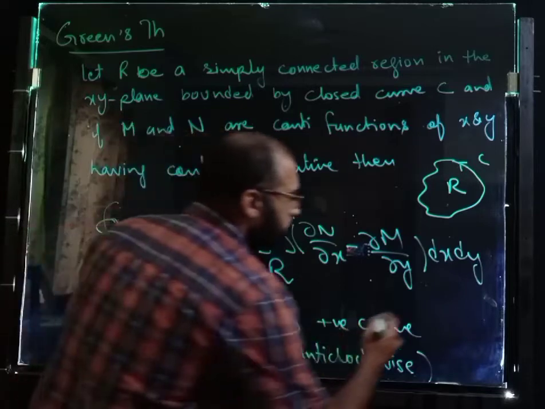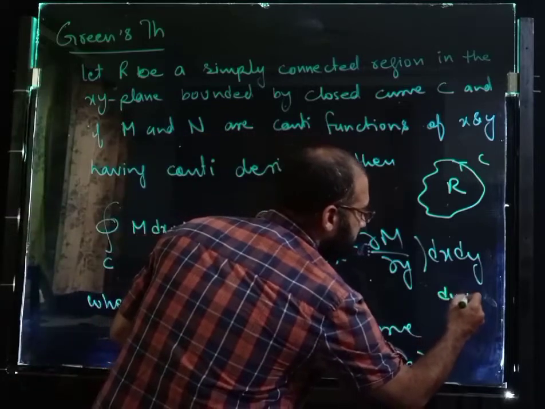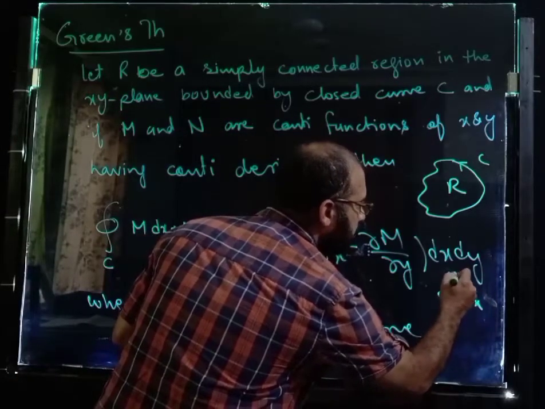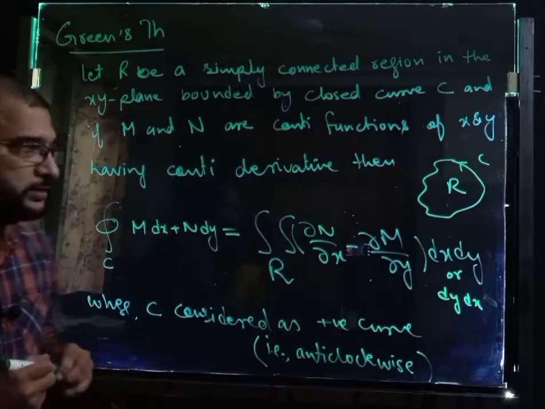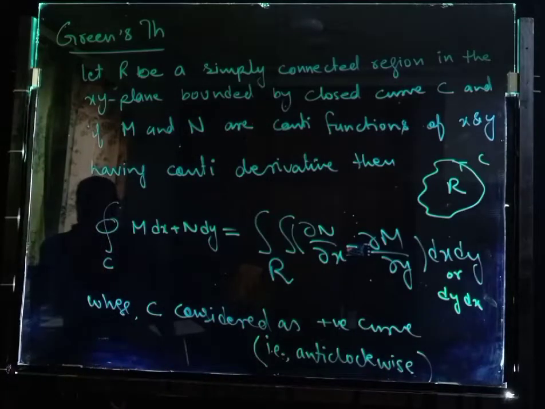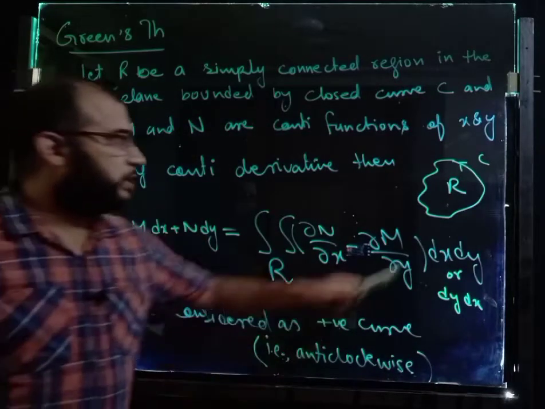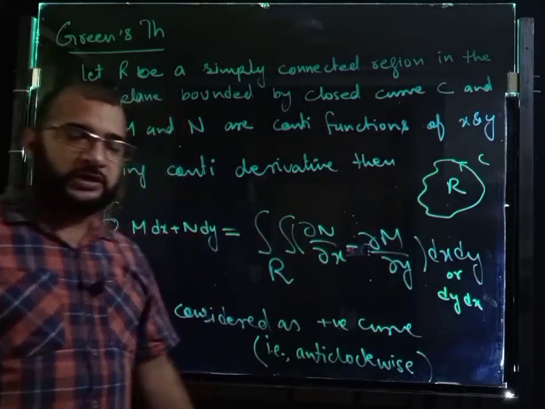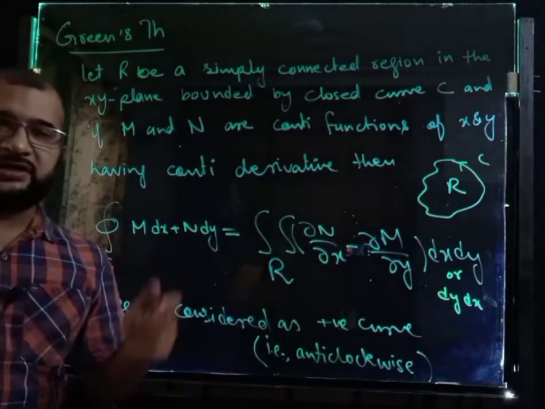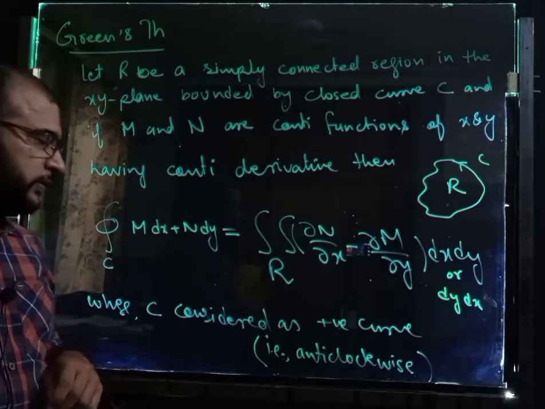So I can also write it as dy dx or dx dy. It doesn't affect. So dear student, C is considered anti-clockwise, not clockwise. If it is clockwise, we have to change its direction, so a minus sign will be there.